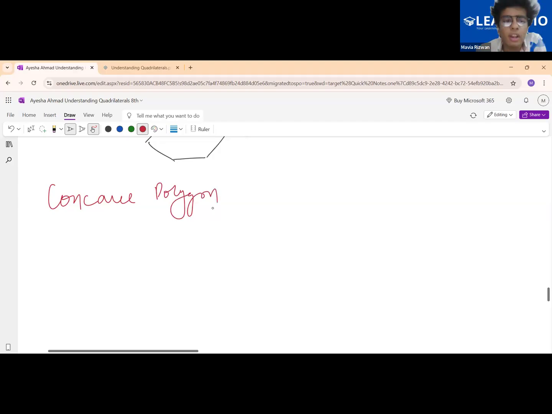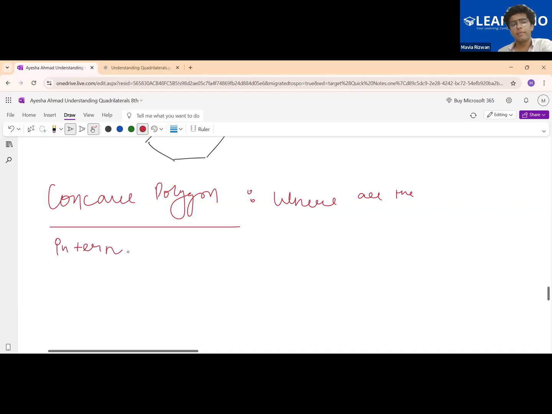Basically, concave polygon is where all the internal angles are less than 90 degree.